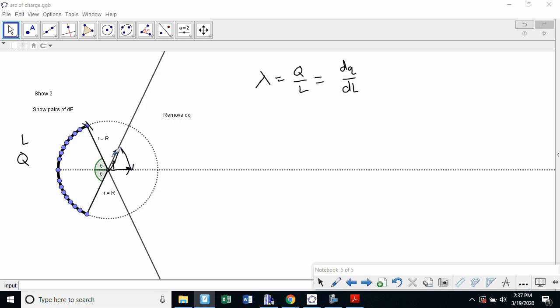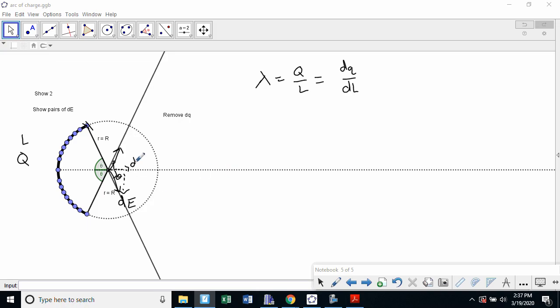Okay, so then I want to go ahead and look at that angle theta. That angle theta is in reference to the position of this charge dq. But if I look at this electric field because of that dq, and I were to break that electric field into components, an x component and a y component, I could see then that this angle inside is also theta, right?